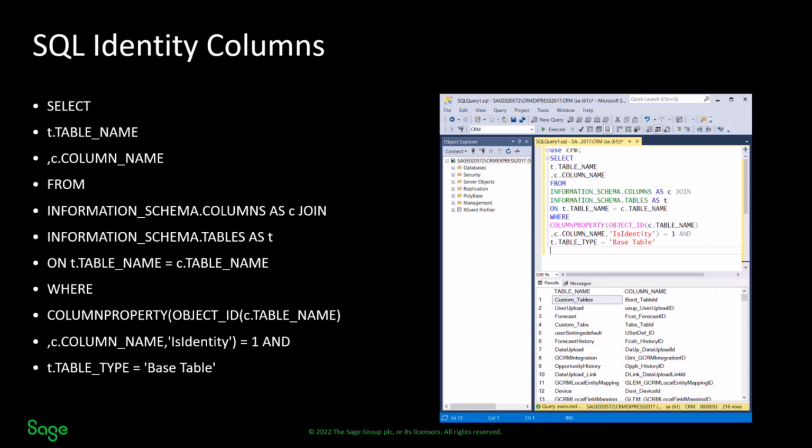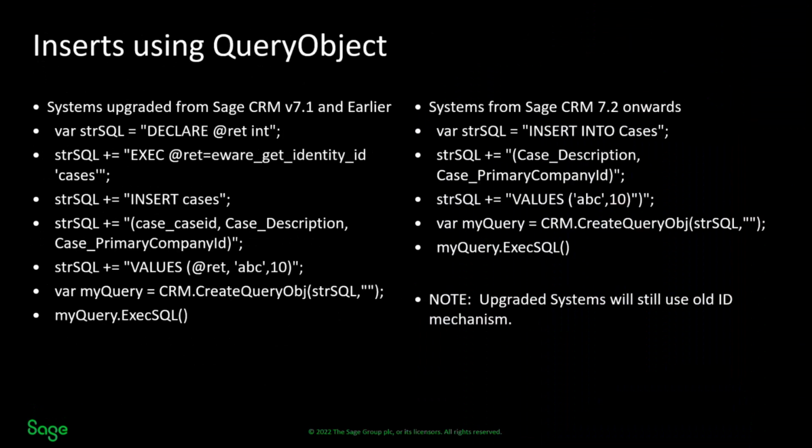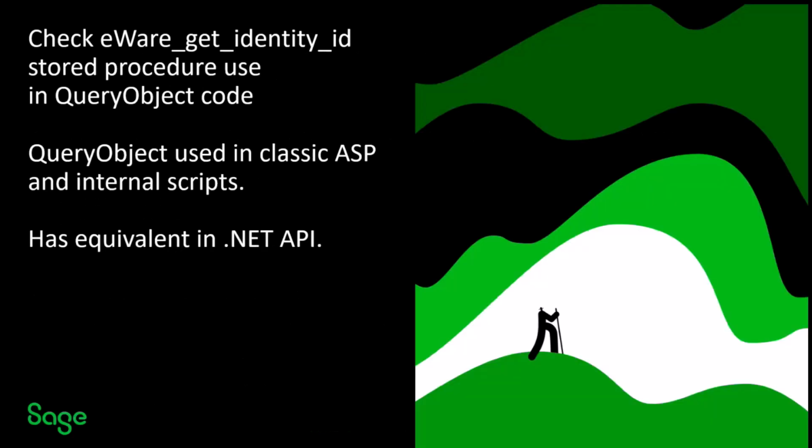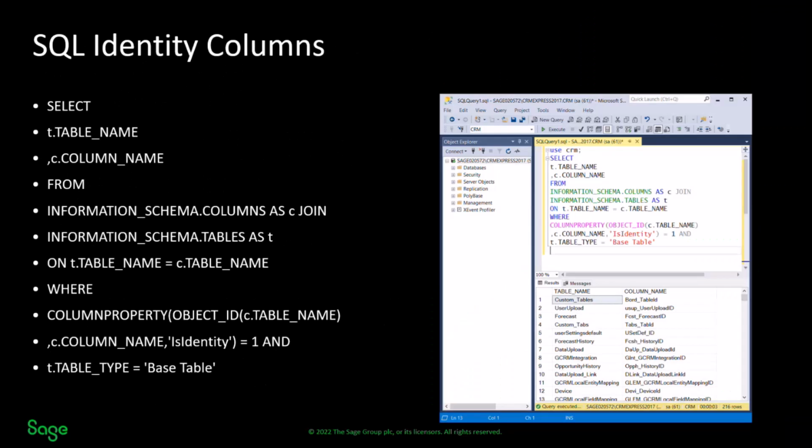And if we think into how that actually transpires, the use of the identity column is something that is within the database itself. But there is a question of what we have used within Sage CRM before.